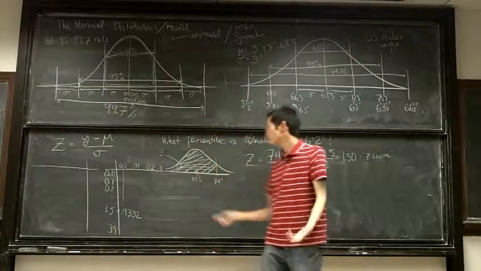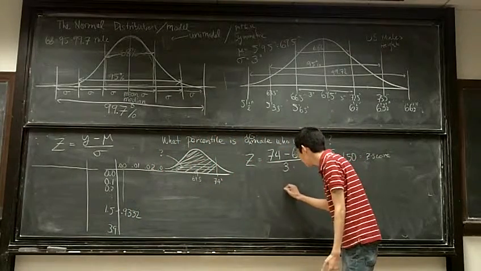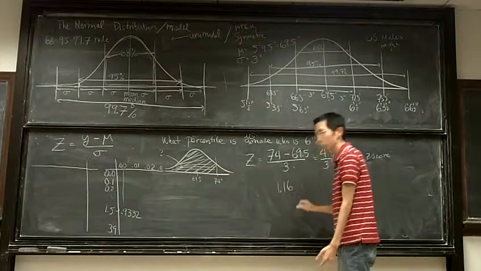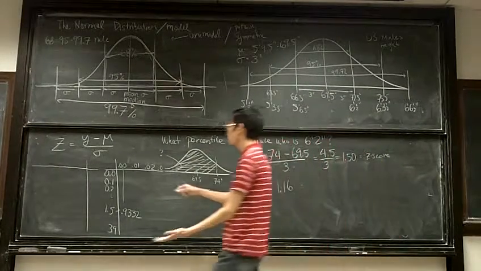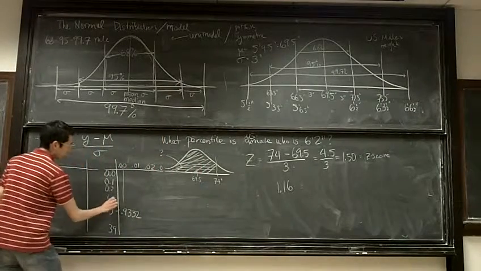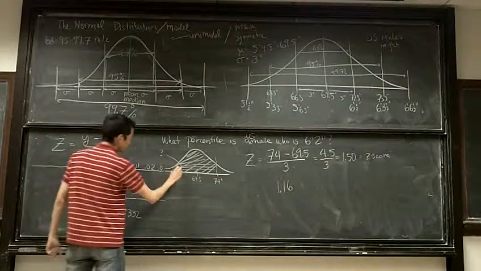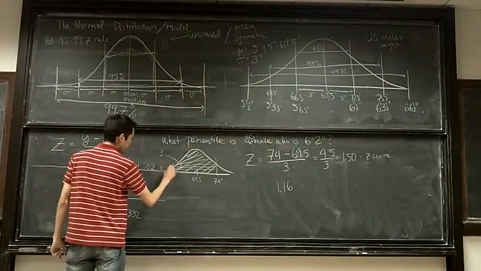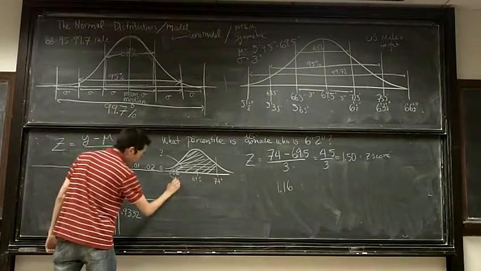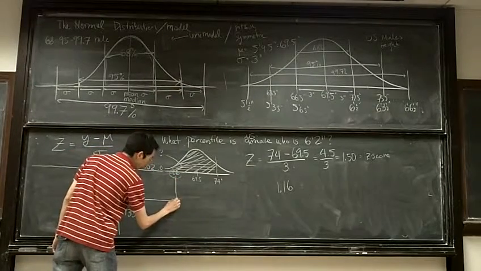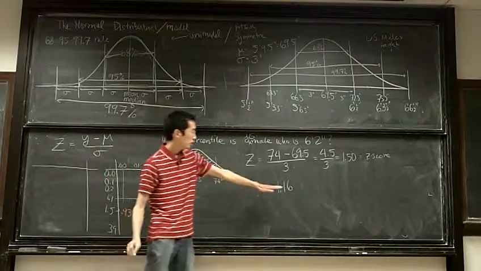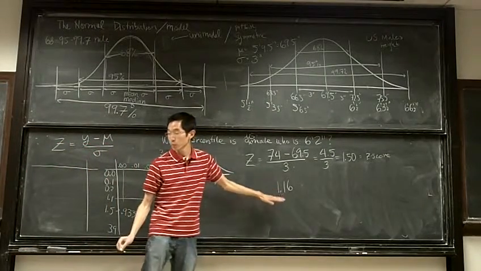Let's say we wanted to look up the number, I don't know, 1.16, okay? We have to first go to the row 1.1, then we go over to the column that's 0.06. The intersection of 1.1 and 0.06 is the area to the left of 1.16.